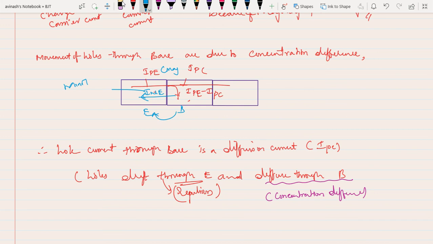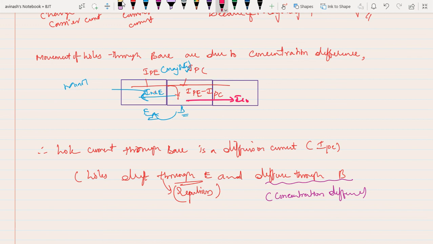Remember this. The blue ink current is the current from base to emitter. This is the minority; IPE is the majority. And another current is the reverse current, that is IC naught, the reverse saturation current.